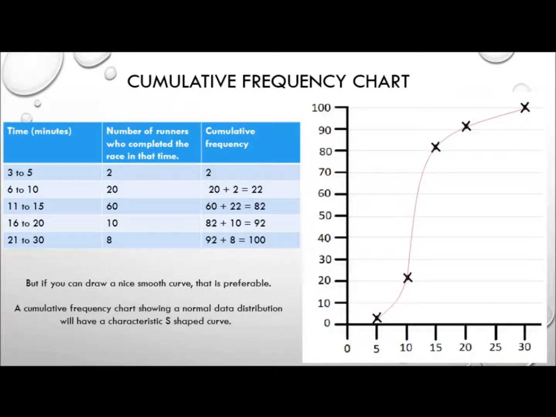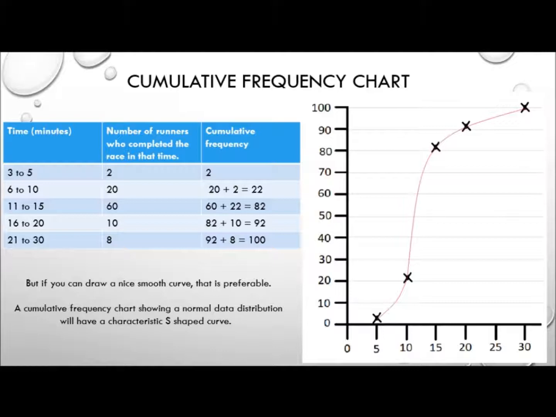But if you do have the time and you do have the artistic ability, a lovely, smooth, freehand drawn curve is preferable. Now, if the data is distributed in a way that statisticians call a normal distribution data curve, then a cumulative frequency chart will show this characteristic S-shaped pattern.